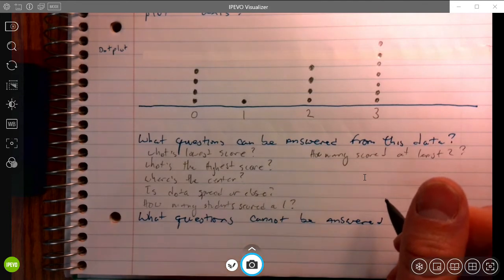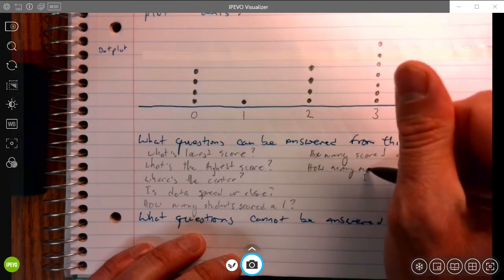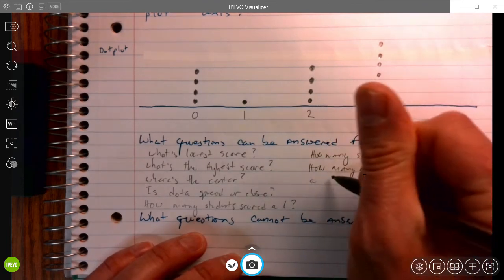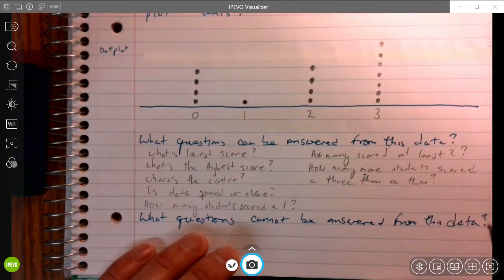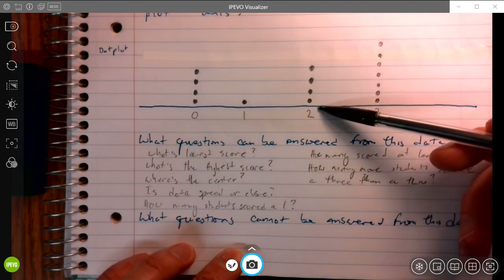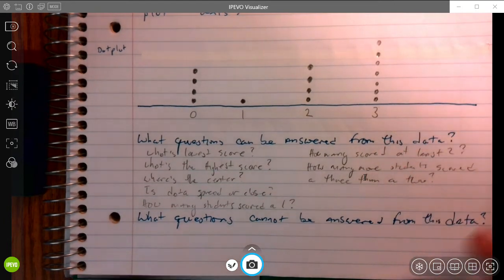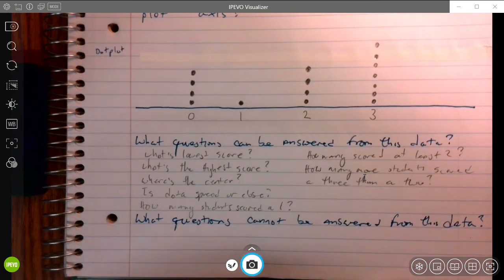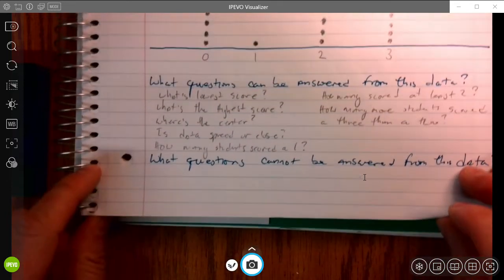How many more students scored a 3 than a 2? I could say, well, 7 students scored a 3, 4 students scored a 2, so I know that 3 more students scored a 3 than a 2. So it's just a really neat way to organize our information, which allows us to interpret our information easier, and then we can make decisions based on that information.